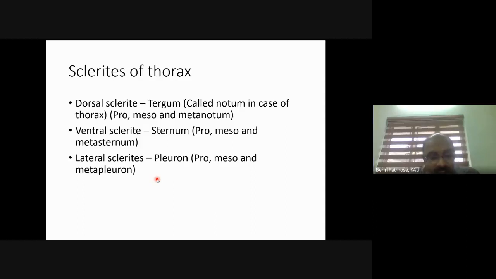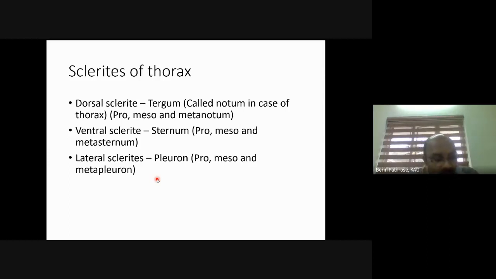Likewise, the sterna of prothoracic segment is called as prosternum. Sterna of mesothoracic segment is called as the mesosternum, and the ventral area of the metathoracic segment is called as metasternum. The same way, propleuron, mesopleuron, and metapleuron represent prothorax, mesothorax, and metathorax respectively.